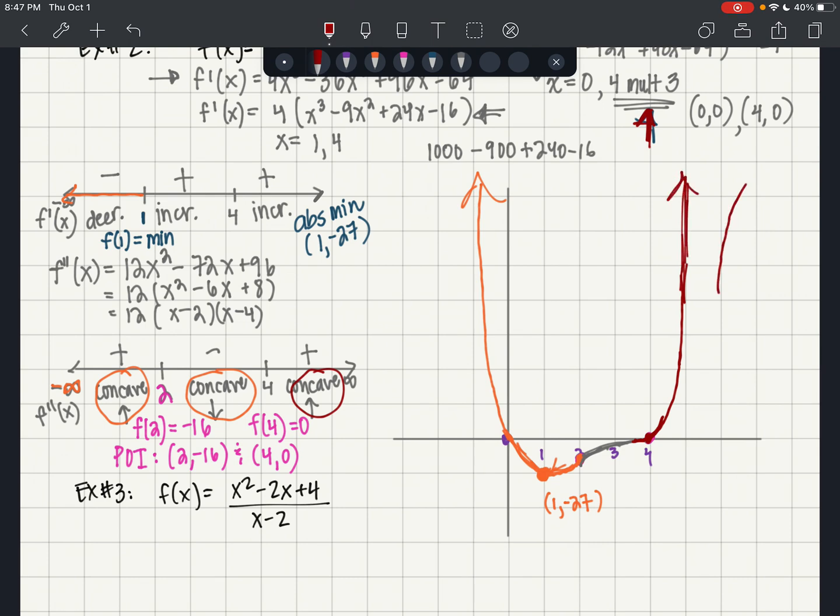So that's why when students go like this when they're graphing a polynomial function, I'm like, no, it doesn't just turn. And this is why, because of this second derivative.